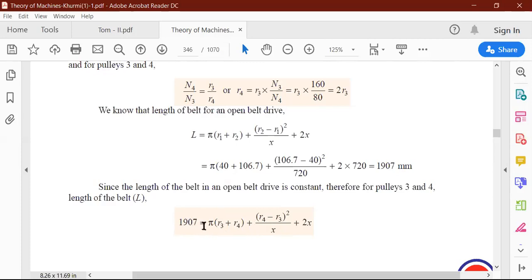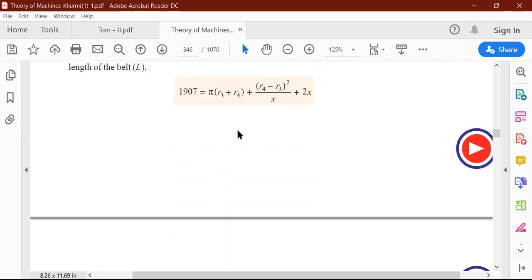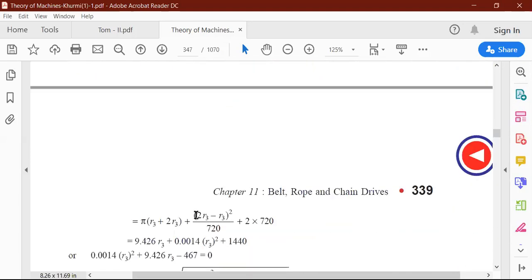So the formula is L is equal to pi into bracket R3 plus R4 plus bracket R4 minus R3 bracket square divided by X plus twice X. Okay. So we know the value of L, that is 1907, and we get the equation in this format. Okay. Now put R4 is equal to twice R3. Let's see. Pi bracket R3 plus twice R3 plus bracket twice R3 minus R3 bracket square divided by 720 plus 2 into 720.